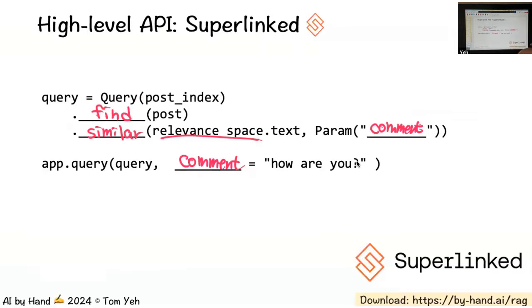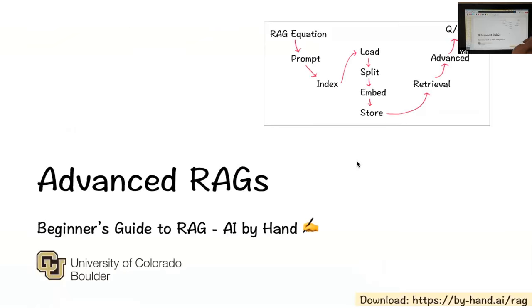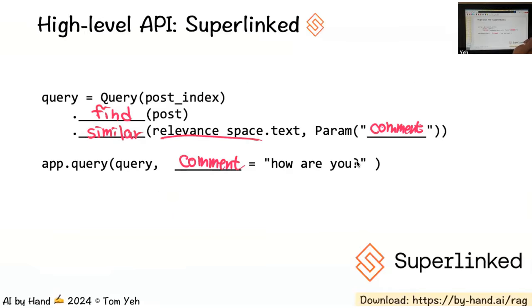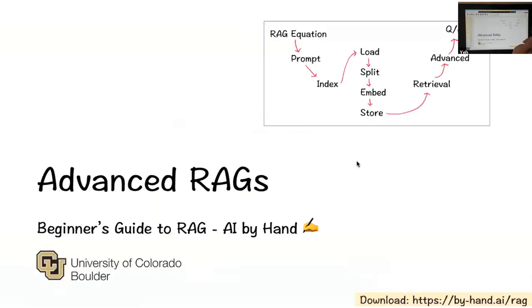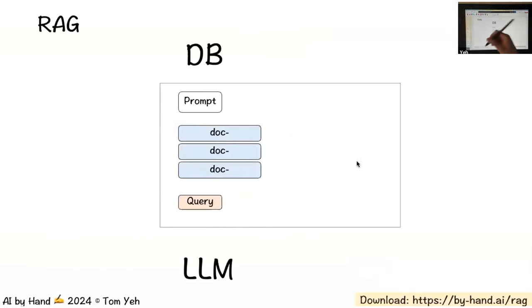Okay. Now I guess I still have time, so I'm going to take you through a few advanced RAG architectures, using this drawing scheme I created, hopefully to help you understand how RAG could evolve and support other advanced application scenarios. So now I'm going back to more of a review for a regular RAG.